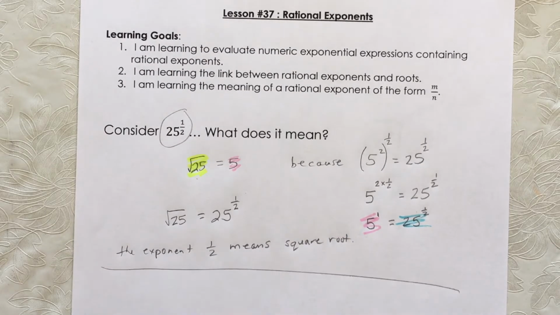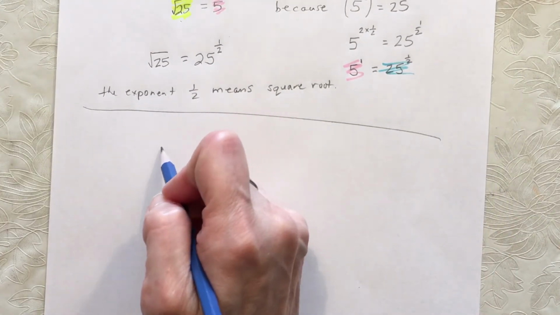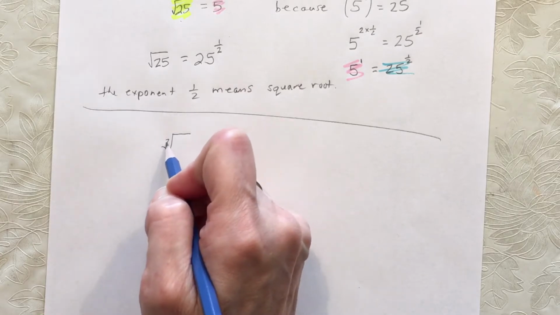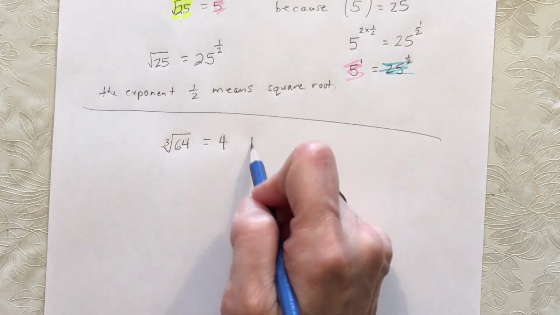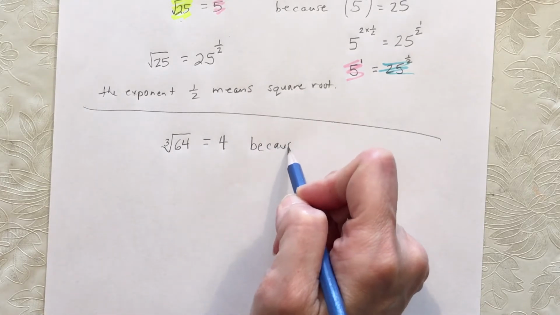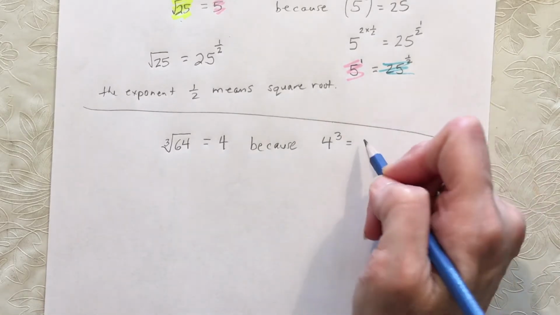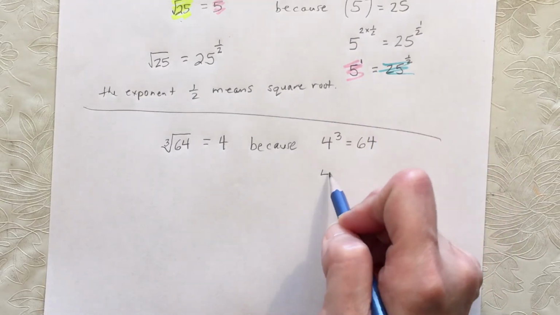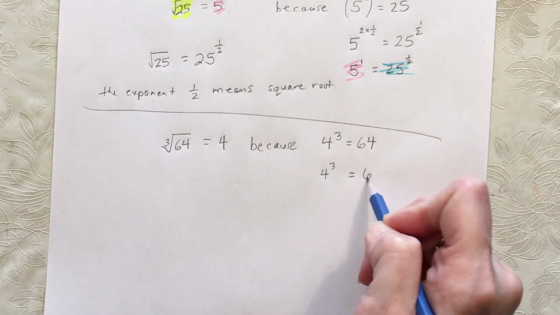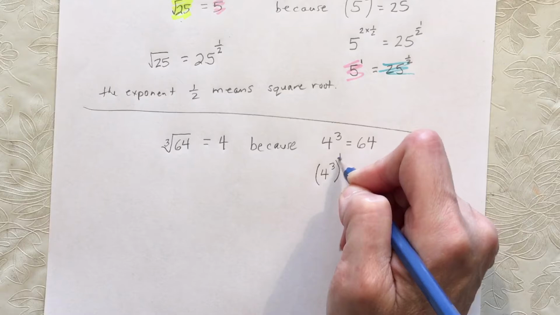Now, let's think a little bit further. We've also learned over the years that the third root of 64 is equal to 4. The reason is that 4 to the power of 3, which is 4 times 4 times 4, is in fact 64. Following similar logic, when we do the same thing to both sides of an equation, we keep the equality. So I'm going to take both sides to the exponent of 1/3.